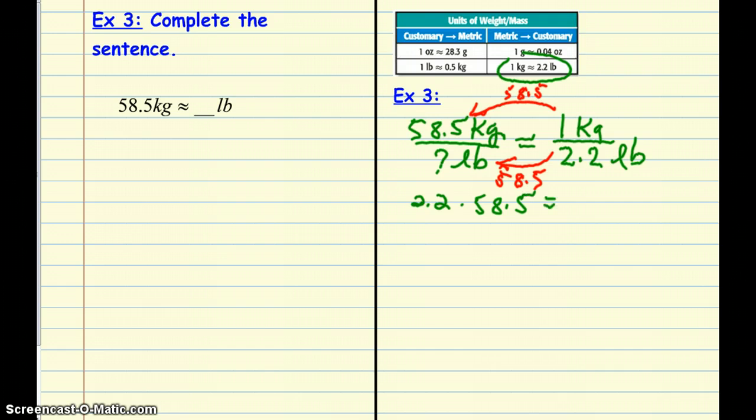When we do that, that ends up becoming 128.7. So 58.5 kilograms is approximately 128.7 pounds. So there you have a few examples about changing between different units of measure.